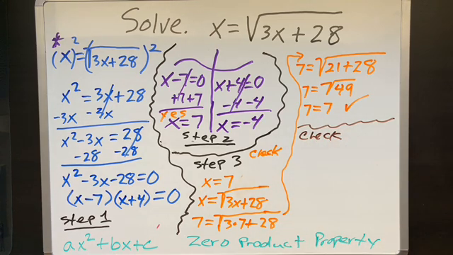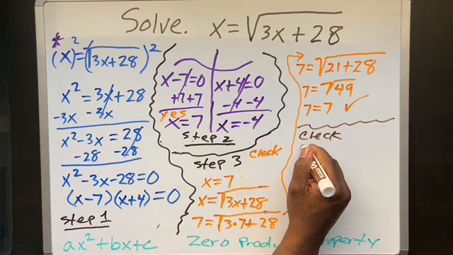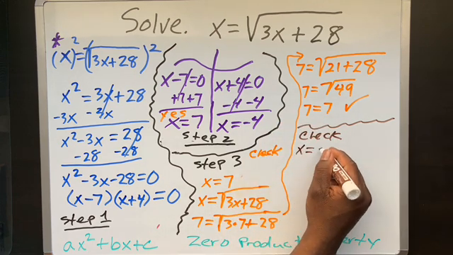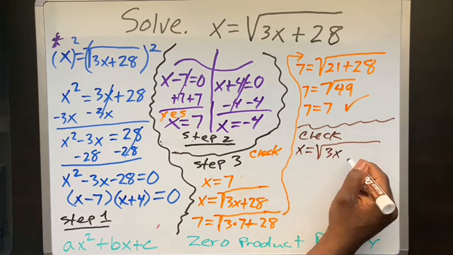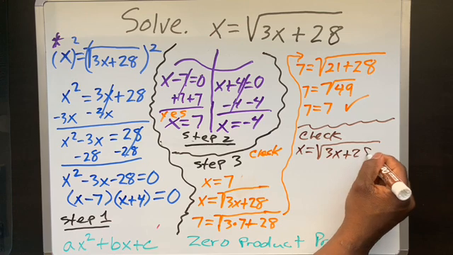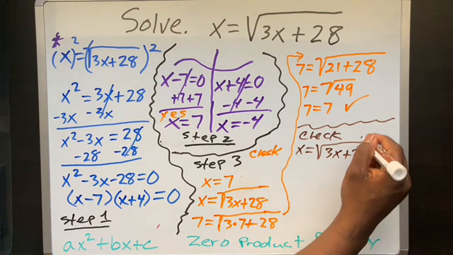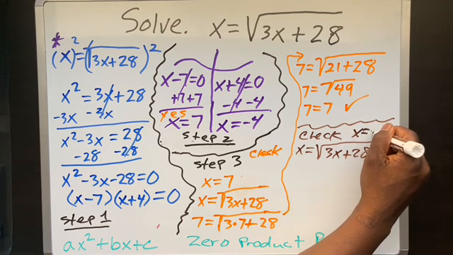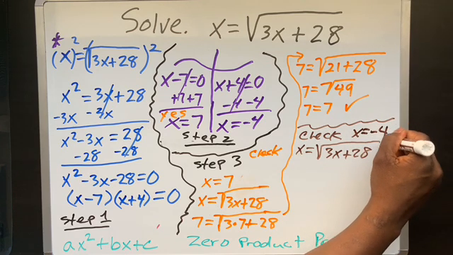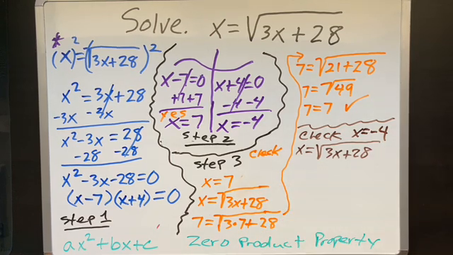All right, so let's copy the equation first like we did here. X equals square root of 3 times x plus 28. In this case, I'm going to check for x equals -4. So let's go ahead and substitute -4 for x.